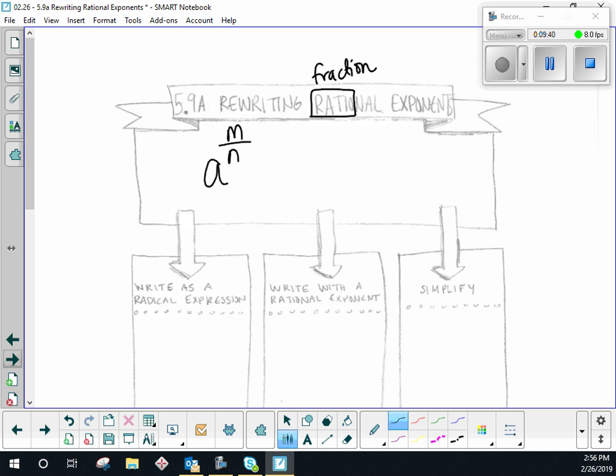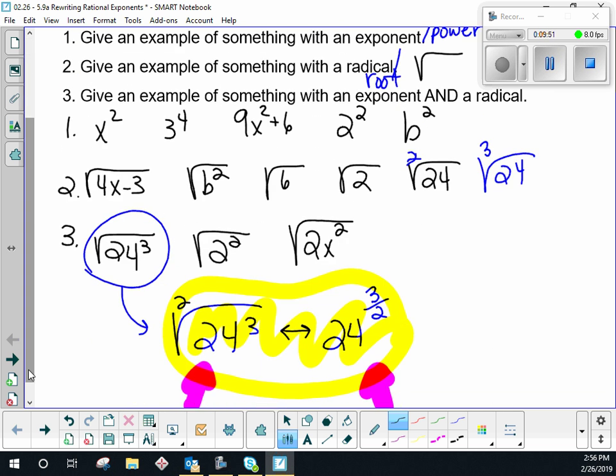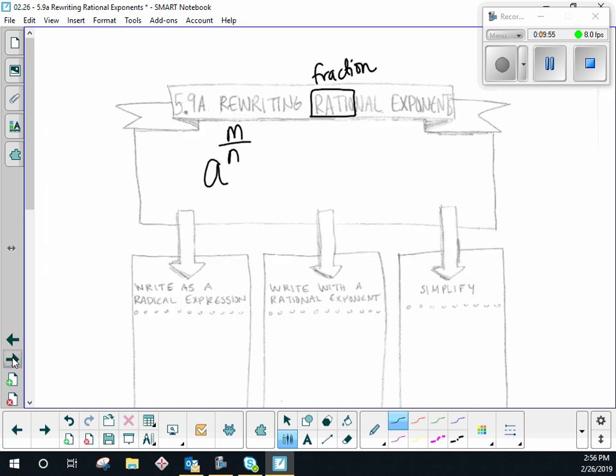So when I'm saying that we're going to rewrite rational exponents, I mean our powers look like fractions, and we're going to rewrite them with radicals. We're going to go back and forth between these two forms right here. So a to the m over n, which is the base here? A, right? So A is the base.